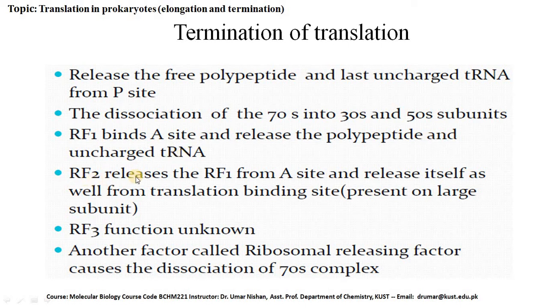Release factor 2 releases release factor 1 from the A site and releases itself as well from the binding site present on the large subunit. RF3, release factor 3, function is unknown. Another factor called ribosomal releasing factor causes the dissociation of the 70S complex.